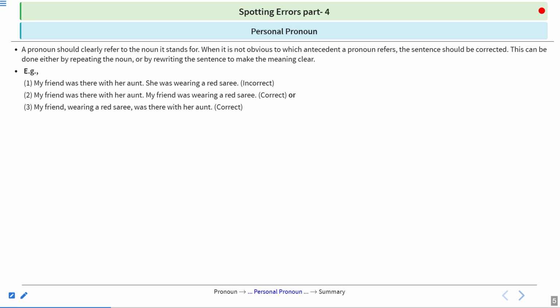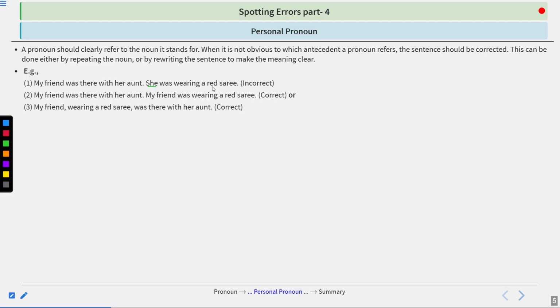Example: my friend was there with her aunt. She was wearing a red sari. So here it is not clear whether my friend was wearing a red sari or her aunt was wearing a red sari. It is not clear what the pronoun she is referring to, either aunt or my friend.